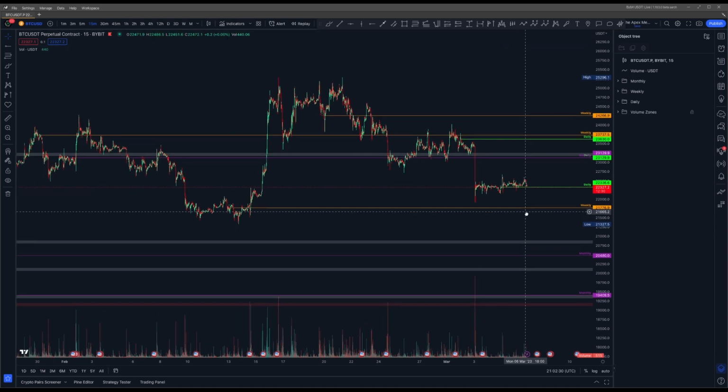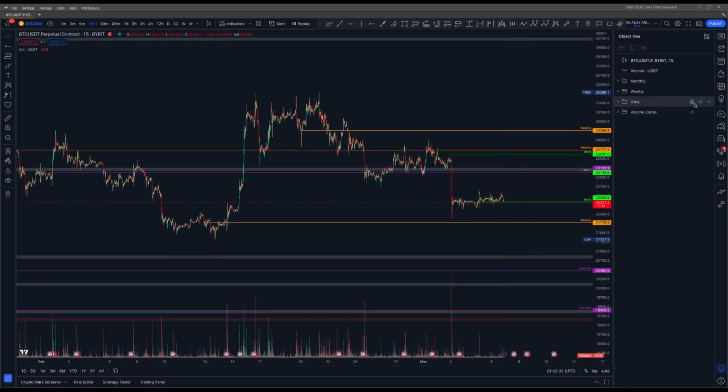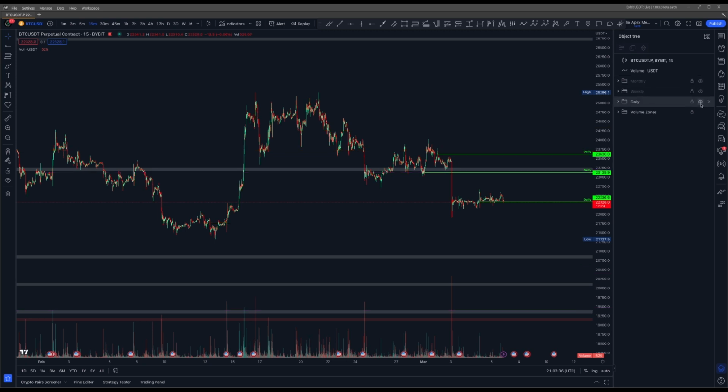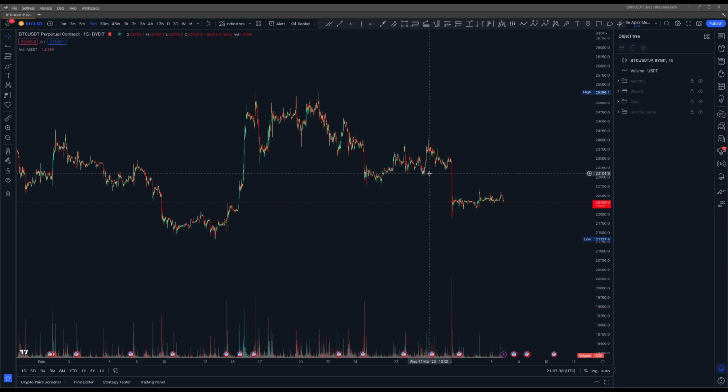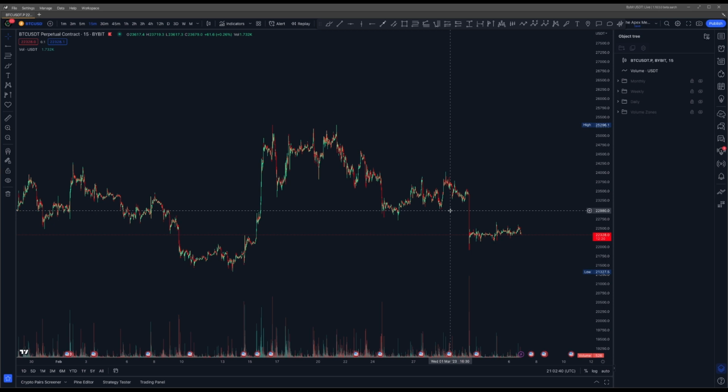So what this is all about, and the way we trade, we're going to put these locks on again so we don't mix this up, is about confluence. It's about multiple ideas all coming to a specific area that creates value.